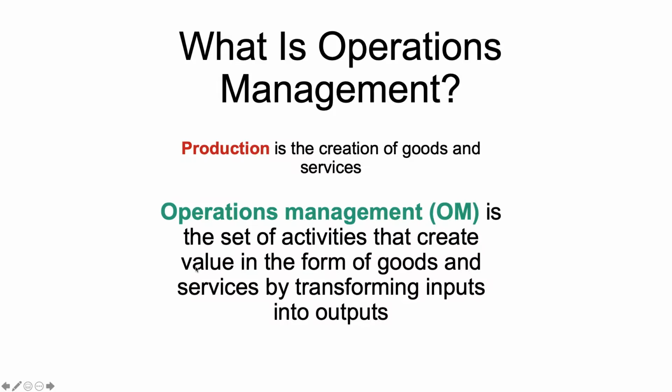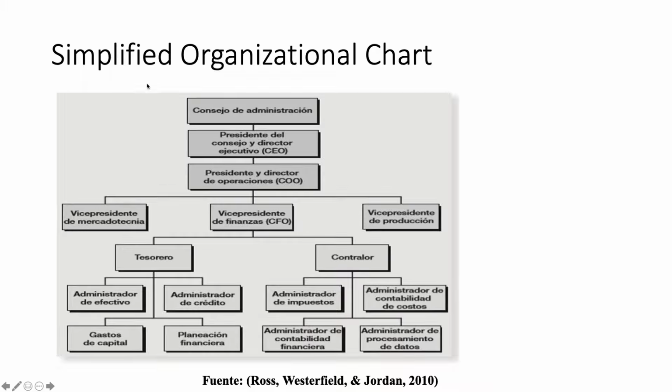Okay, so Ross, Westerfield, and Jordan tell us how we can organize a company, right? We have this simplified organizational chart, but it is the most common way to see the companies all around the world. We have the stockholders, right?